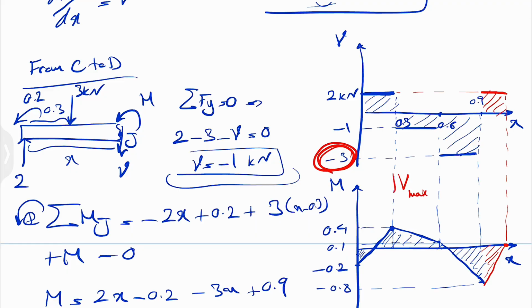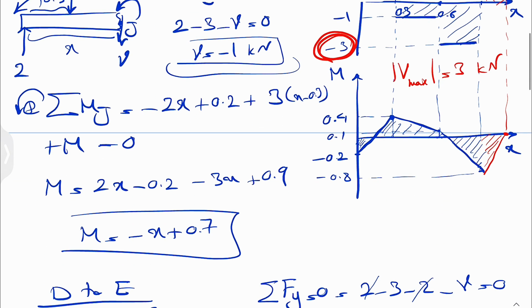So maximum value of this is 3 kilonewtons. And for the moment, we have 0.4, which reaches on the positive side, and negative 0.8 again, because we're looking for the absolute value. This is going to be 0.8 kilonewtons meter.